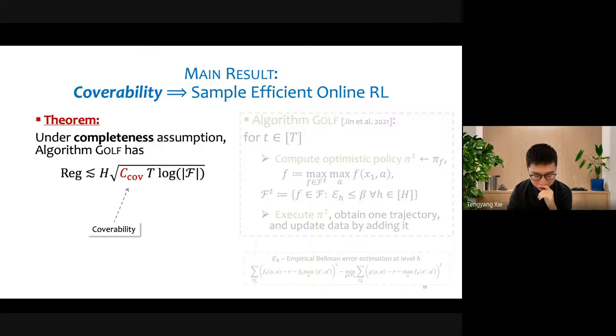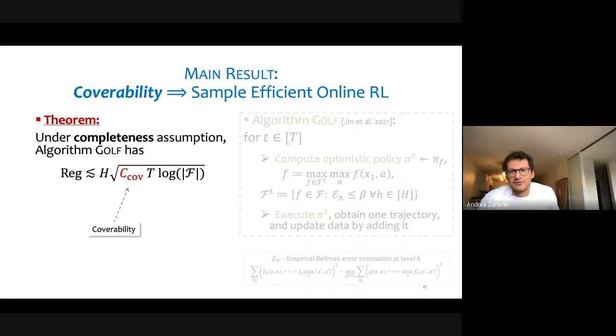Oh, I think that's a great question. I'm not sure, but I think in general, coverability and Bellman eluder dimension are two orthogonal things. I agree, because basically the way these temporal difference based methods proceed in the analysis is they really look at the Bellman error. But the distribution could be very, very big, right?